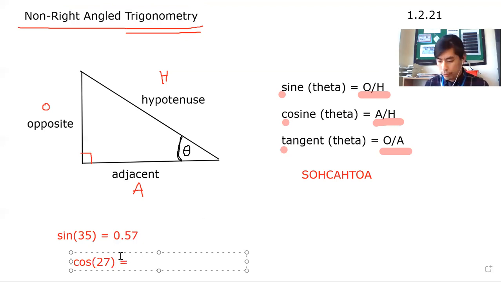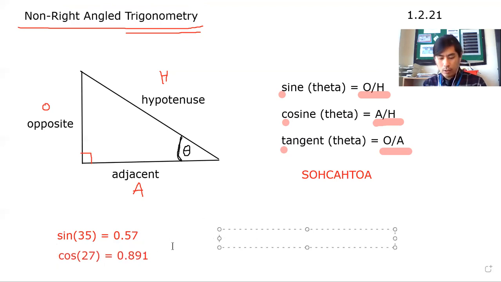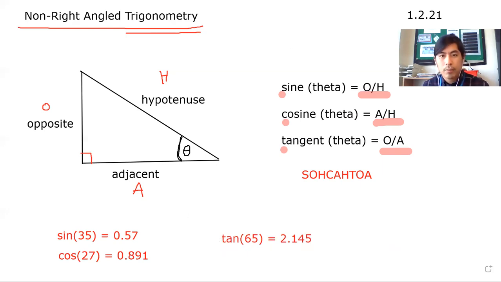Your calculator knows all these ratios. Like I said, imagine a bunch of Greek dudes drawing a bunch of triangles, measuring the sides, dividing them. That's how we get these values out. We know exactly what each of these angles should yield in terms of these trigonometric ratios. If I make up another angle, 65, putting it in the calculator gives 2.145, etc.